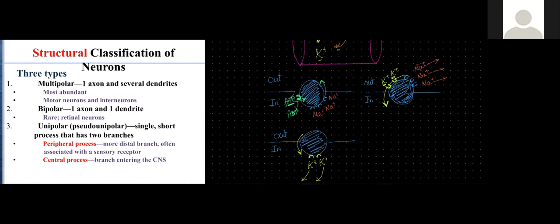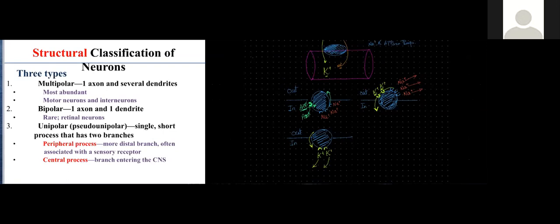Actually, the sodium potassium ATPase pump is going to be pulling the sodium out and moving the potassium in all the time. All the time, you're going to be trying to move more sodium out, trying to bring more potassium in.